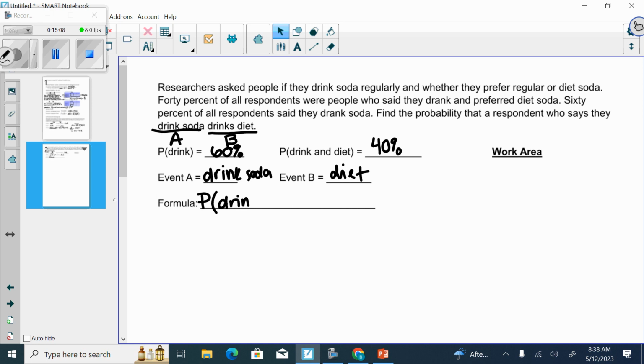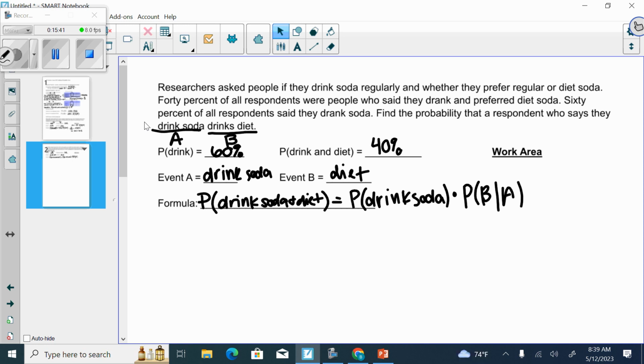Here, that would be drinking soda and that it's diet, equal to the probability of event A, which is drinking soda, times the probability of event B given A. So the probability that they drink diet given the group that drinks soda. So this 40% here is 40% out of everyone we sampled. We want to limit our sample space to just the ones that said they actually drink soda. That's what we're doing here.